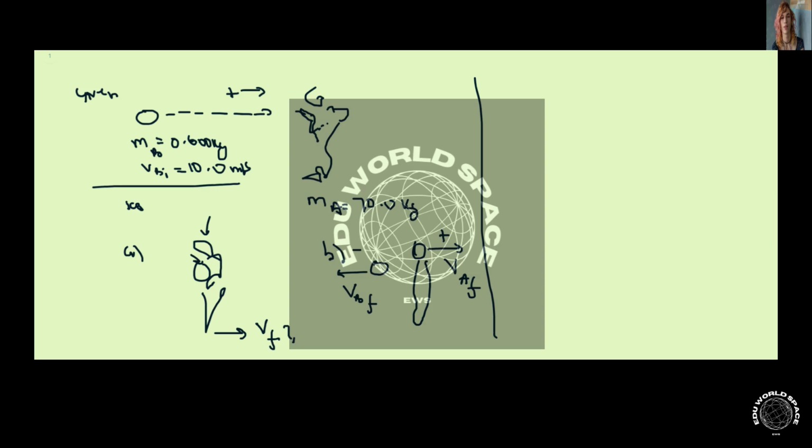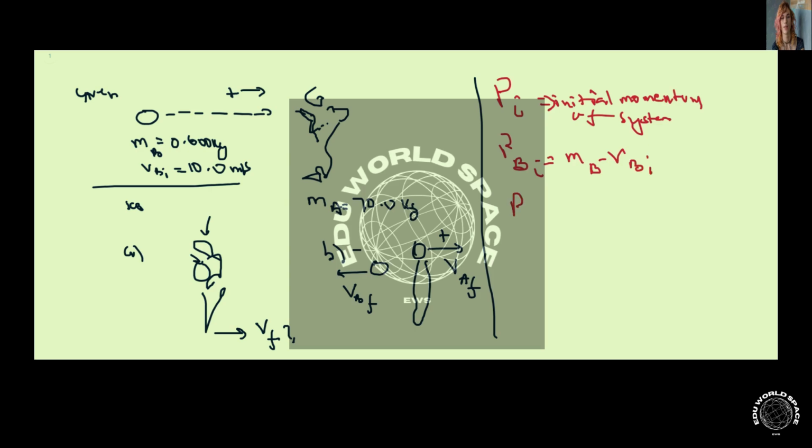First thing we want to do is compute the initial momentum of the system. That means we want to find the momentum of the ball. The initial momentum of the ball is the mass of the ball times the initial velocity of the ball.